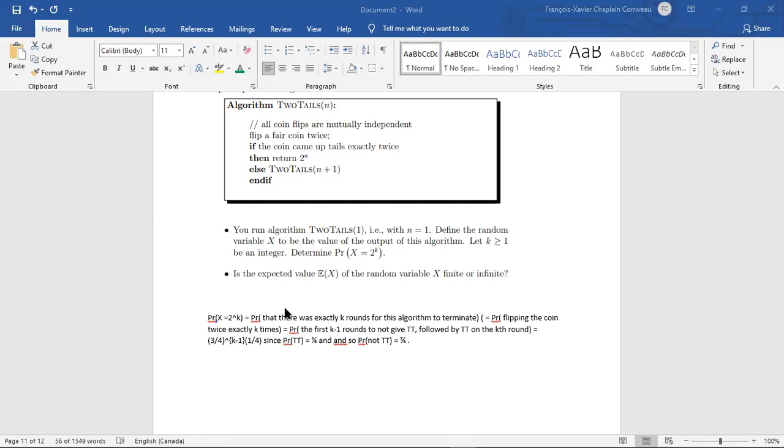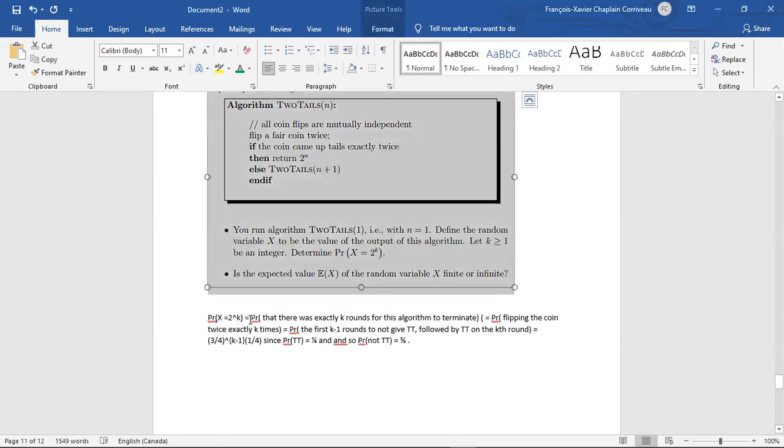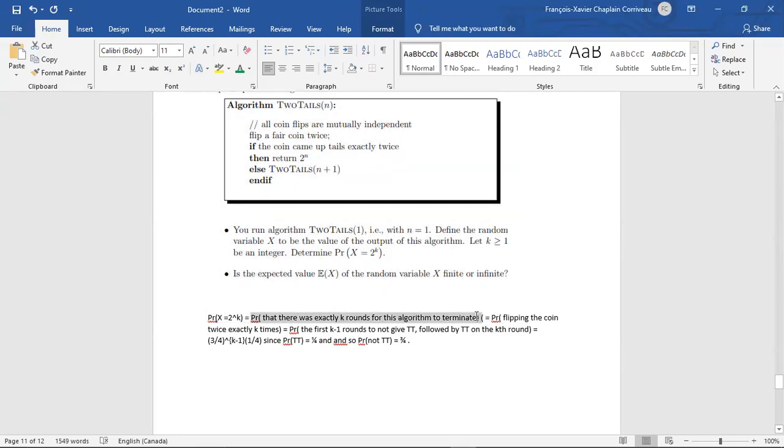Okay, so we are looking for this, right? So the key thing is usually to turn this into a first remark. So this is the first remark. If you don't like this sentence, you can forget it. Focus more on this one. If x is equal to 2^k, what does that mean?